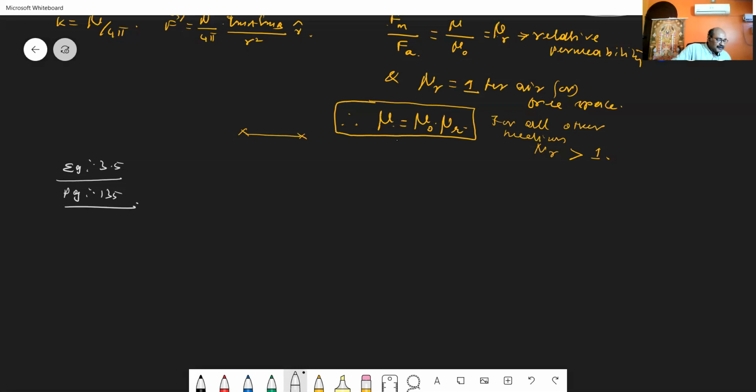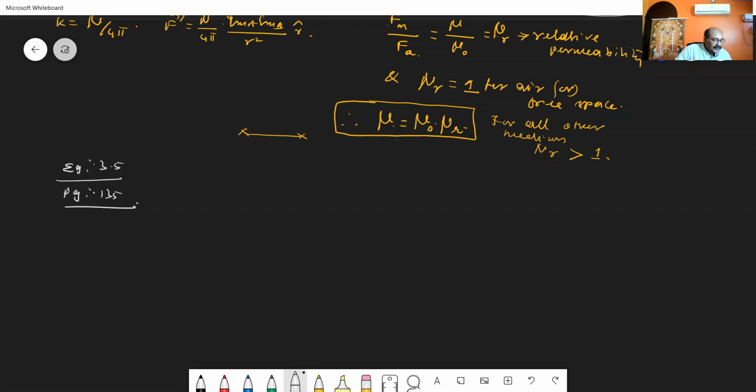The repulsive force between two magnetic poles in air is 9 into 10 to the power of minus 3 Newton. If the poles are equal in strength and are separated by a distance of 10 centimeter, calculate the pole strength of each pole. See example problem 3.5 in page number 135. Go through the problem again.